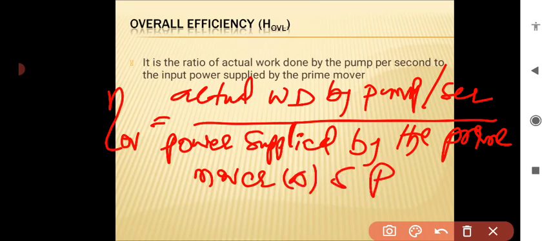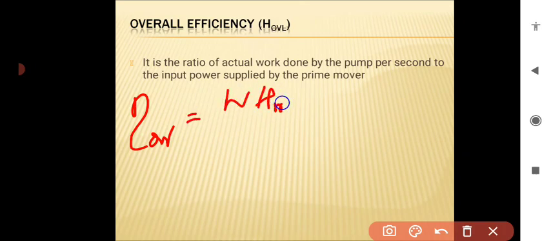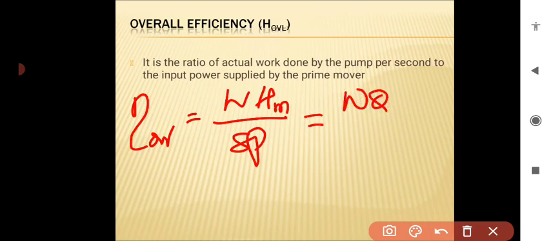Mathematically, overall efficiency is equal to actual work done by pump per second by power supplied by the prime mover or shaft power. So in the equation, overall efficiency is equal to W HM by SP, where W is the specific weight of water per second. So it can be written as WQ HM by SP. So now this is the overall efficiency.